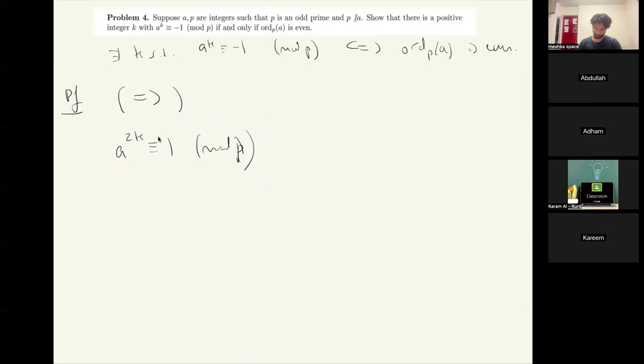You're saying first we start with a to the k equals -1. We square it, and we get a to the 2k equals 1. That tells us that a to the 2k is congruent to 1 mod p.